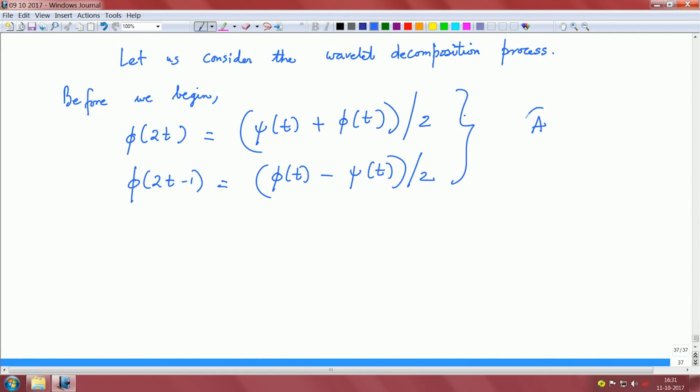Call these two relationships equation A. And you must also recall that psi of t is phi of 2t minus phi of 2t minus 1, right. You translate it and you flip it, you get the wavelet. It is intuitive. So, now with this, let us start understanding how the decomposition process works through an example.